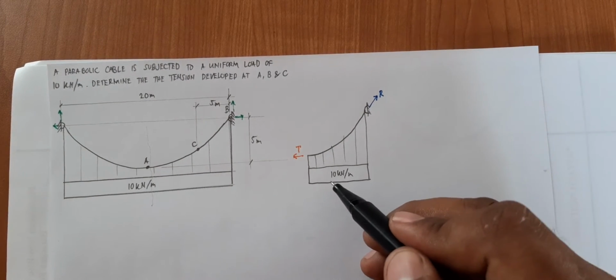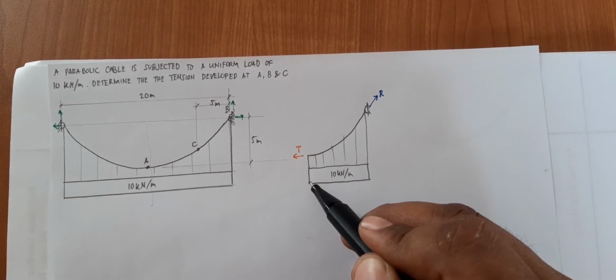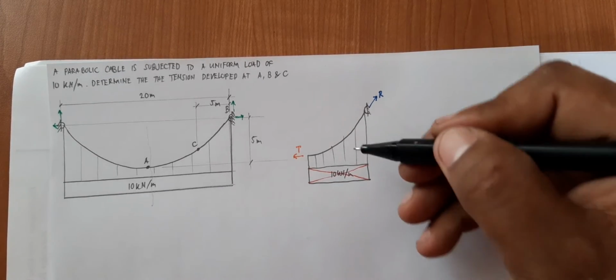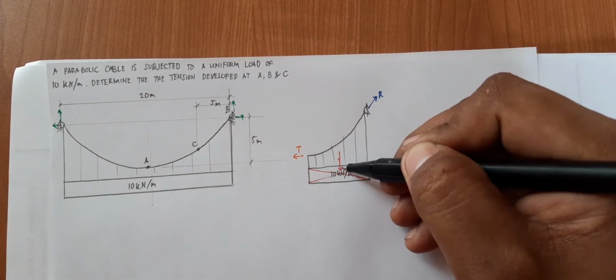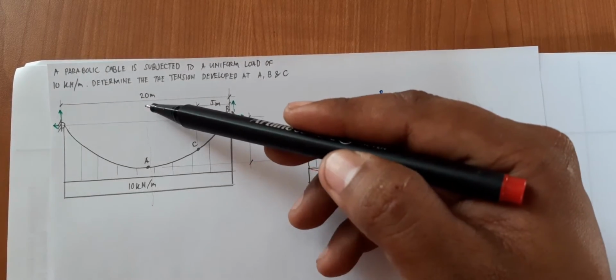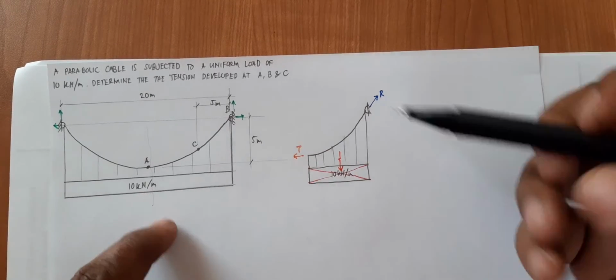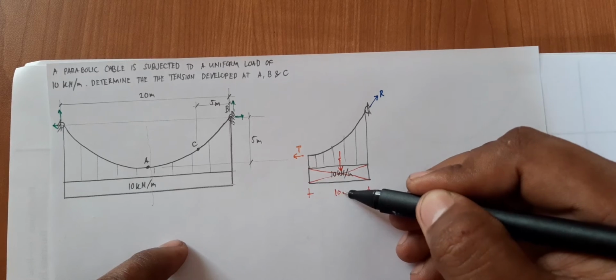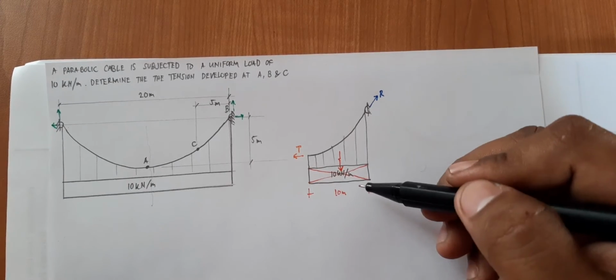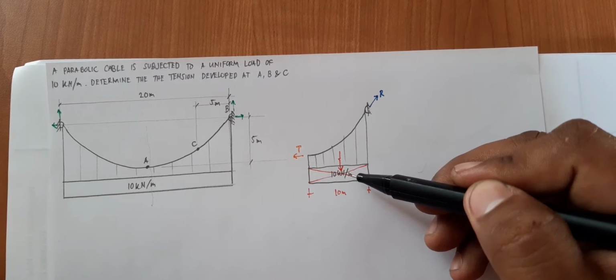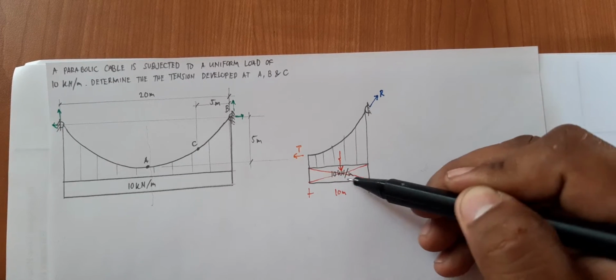The 10 kilonewton per meter load, calculating for its resultant, would be acting at the center of gravity. Since it is rectangular, and you have taken half of 20, this is 10 meters. The center of gravity for a rectangle is found at the mid-height and the mid-span.